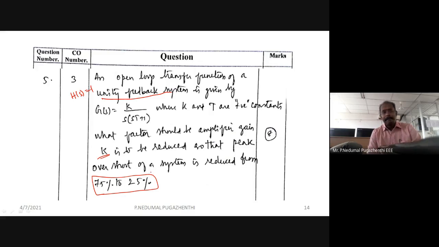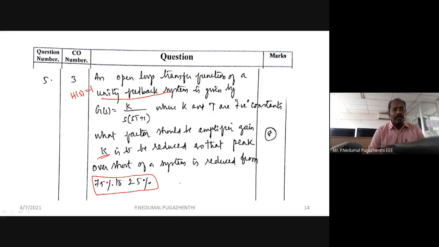Is that okay? So first try to find the relation between the peak overshoot, percentage Mp, and K, for both the cases 75 and 25.